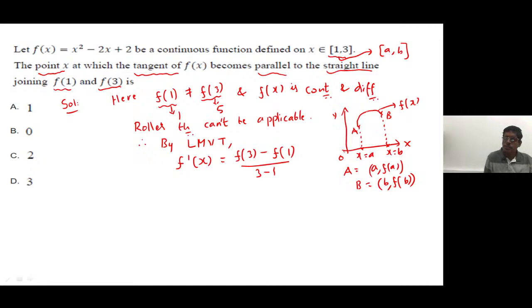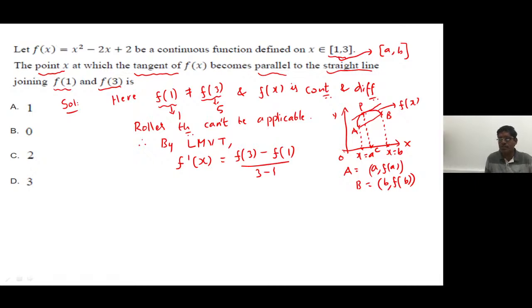Now the line joining A and B is also called the chord to the curve. If I take a point P here and draw the tangent at P, what are the coordinates of P? P has an x value lying on the x axis; let us denote it C. So the tangent at P is parallel to the line joining f(A) and f(B), where A value 1, B value 3.